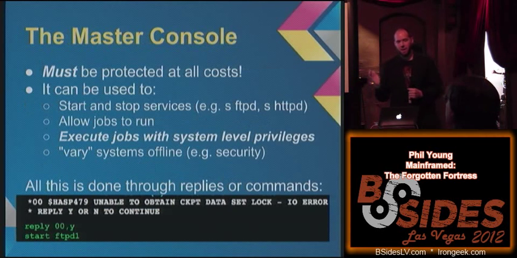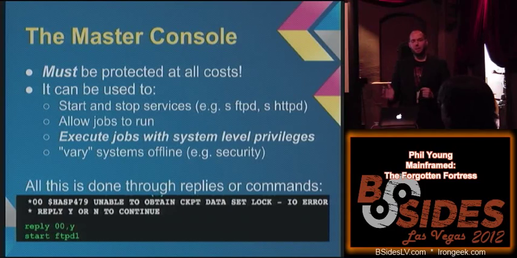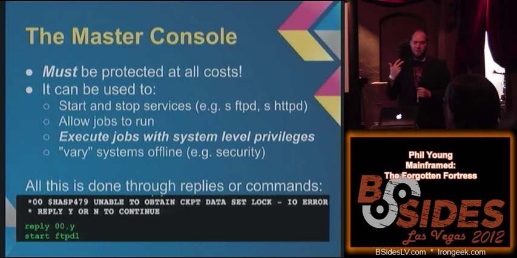It's not great. Part of the mainframe is the master console. The master console needs to be secured at all costs. This is not hyperbole. You can use it to stop services, allow jobs to run, execute jobs with system-level privileges. When you're on the master console, you're not running as a user. You're running as the mainframe.